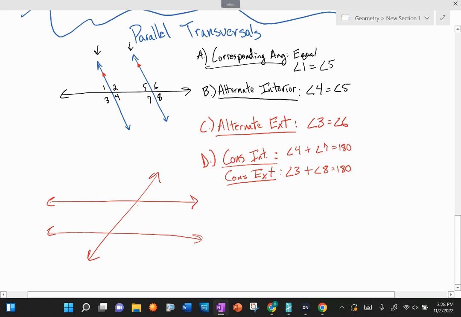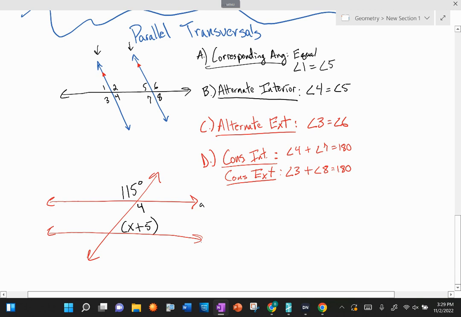Exactly. Just trying to throw you off. Okay, so you have 4. That's angle 4. This one has a measurement of 115. And then this one down here, let's do x plus 5.